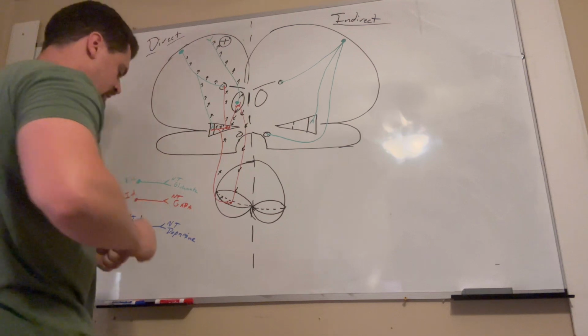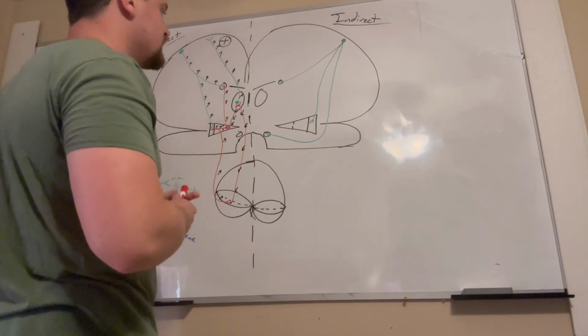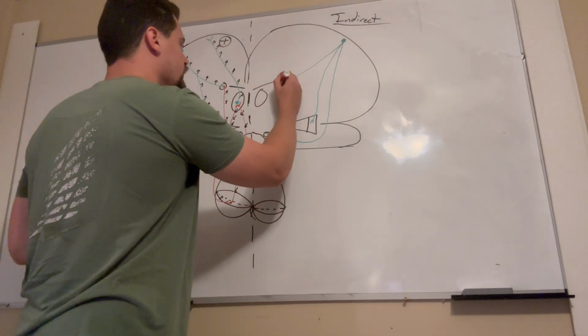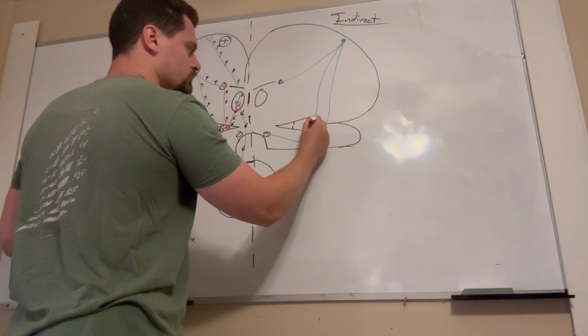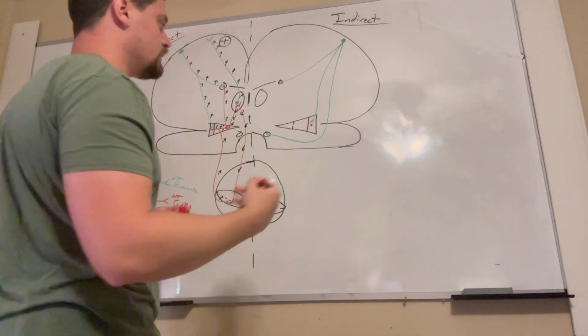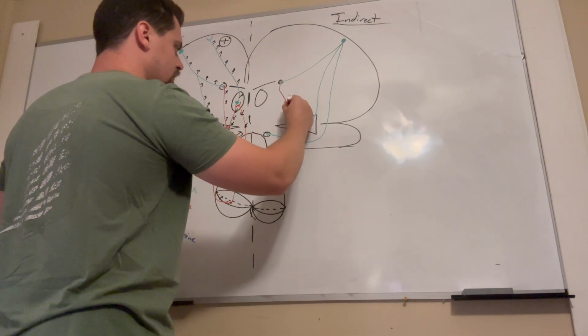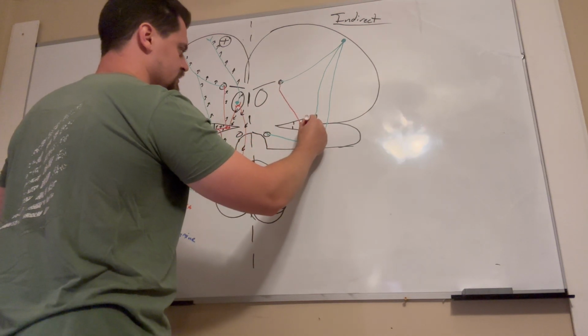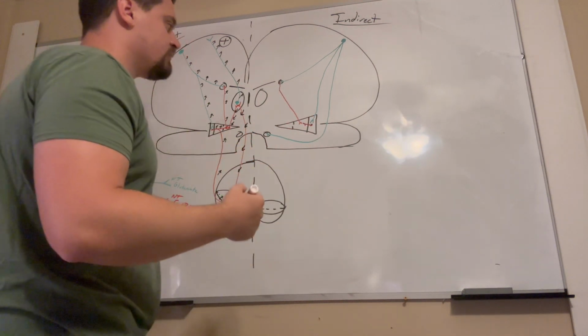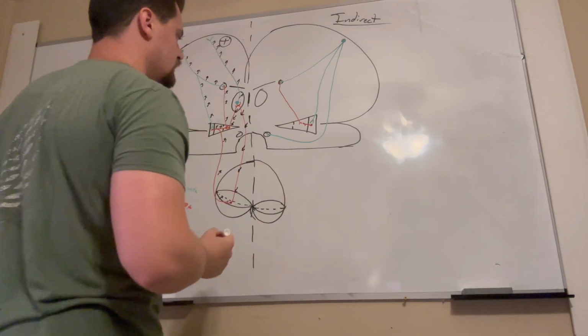So at the striatum, it is going to synapse with inhibitory neurons. Remember, those are the ones that are going to secrete things like GABA. And then it's going to be sent to the globus pallidus externus instead of the internus.